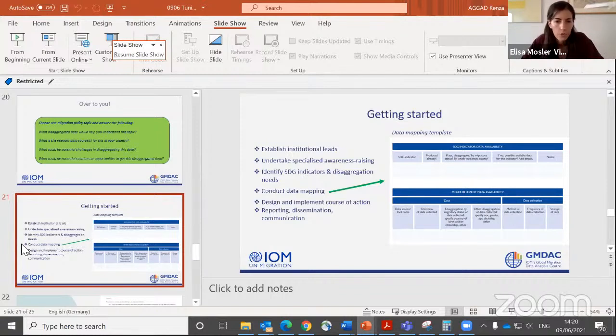I won't go through all of these steps, but just to highlight one or two, awareness raising on this kind of topic can be really key. As you know, when we speak about disaggregated data, we often need to interact with those in ministries not involved normally in statistical data collection or outside of a national statistical office.